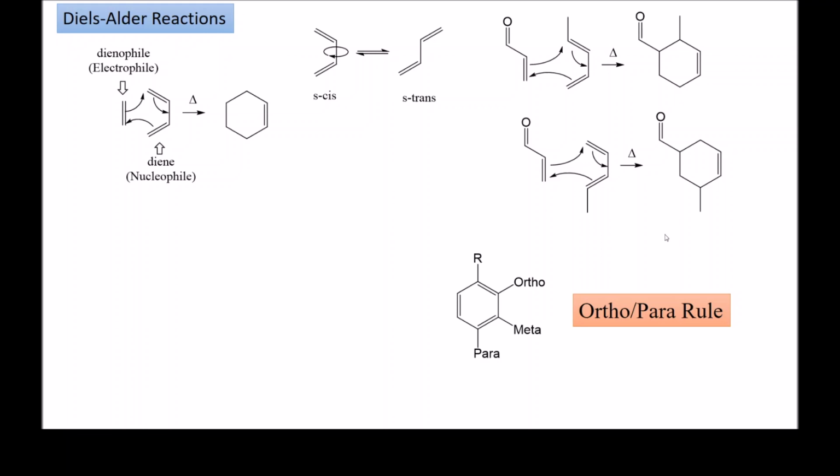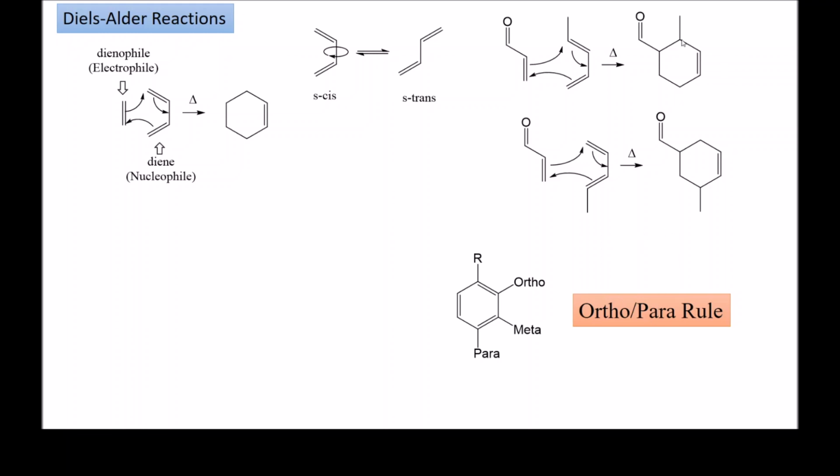When a Diels-Alder reaction can produce two different compounds, there is a high probability that the relationship between the things hanging off of this newly formed six-membered ring will be either ortho or para relative to each other.